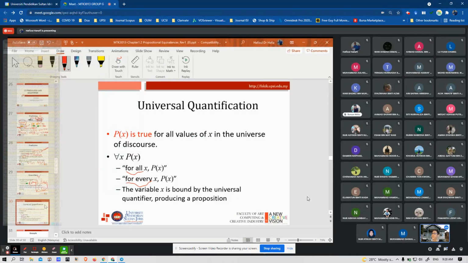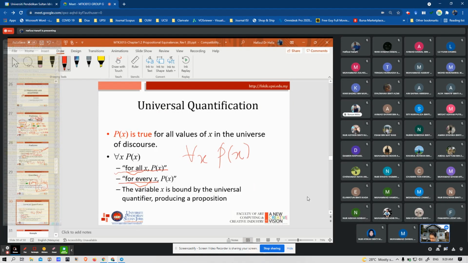For example, P(x) is true for all the values of x in the universe of discourse. This one is an example of for all. P(x) is true, for all x, for every x.